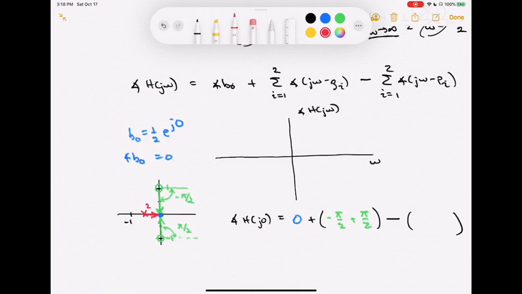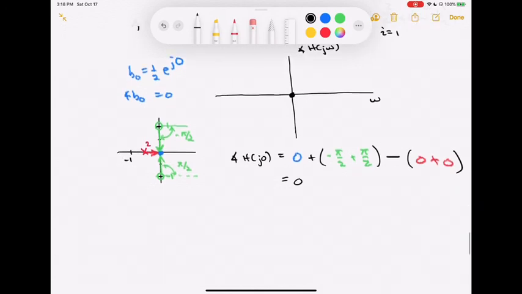Measured against the positive real axis, that's a phase of 0. So I'm going to get 0 plus 0 because there were two of them. If I do all of those calculations, I'm going to have 0 minus pi by 2 plus pi by 2 minus 0 minus 0. That whole thing comes out to a big fat 0. So this was a lot of calculation just to find out I get no phase. So I have a phase there of 0.